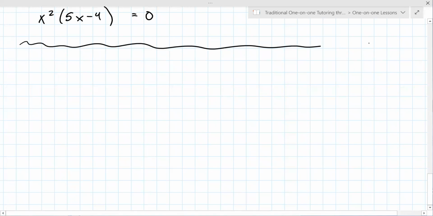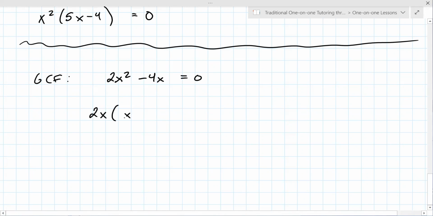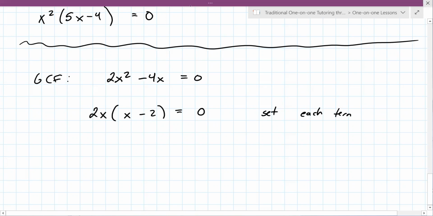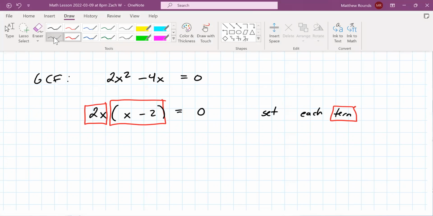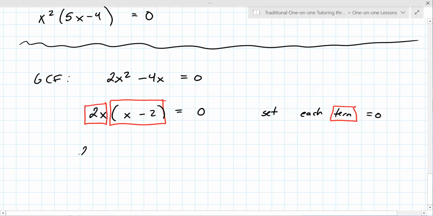Sure. Okay, so let's start with GCF. Let's talk about how to solve these. Let's say I give you 2x squared minus 4x equals 0. What is the GCF in this? 2x, x minus 2 equals 0. So you set each term equal to 0, and there are two terms here. This is maybe what's hard: this is a term, and this is a term.